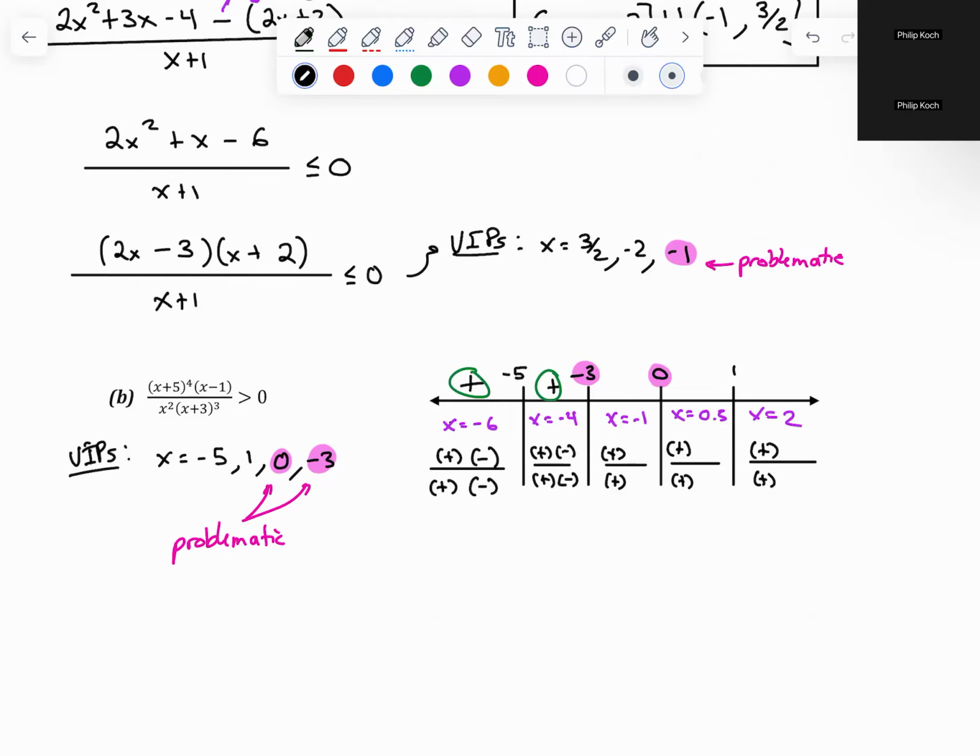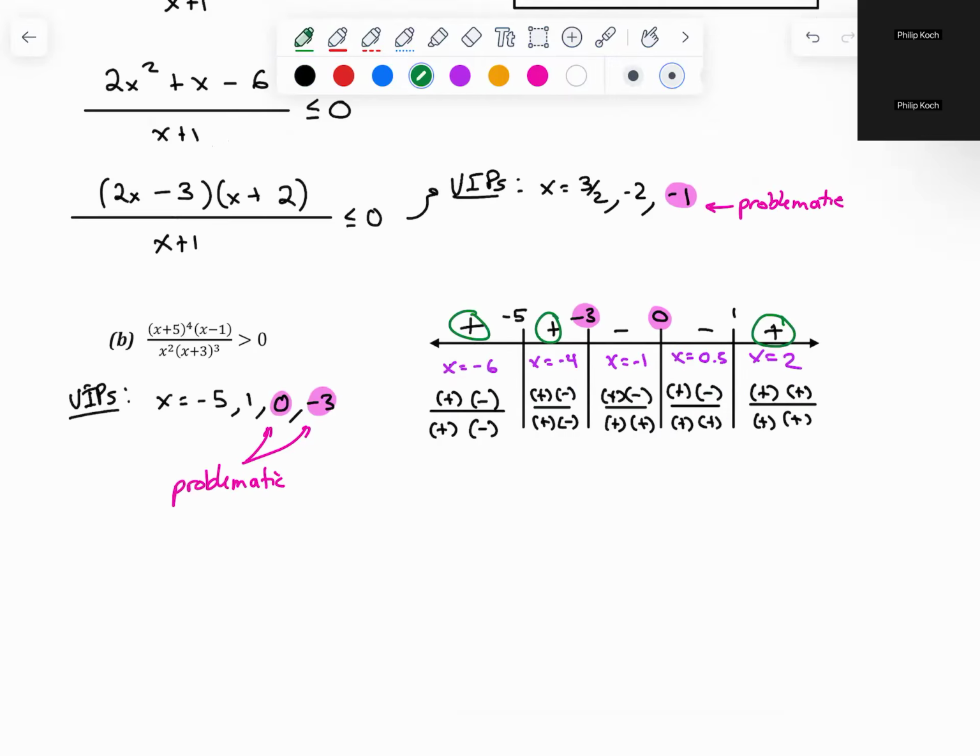-1. It'll be negative up top, but now it will be positive. So that's a negative. That's a piece I don't want. 0.5, that'll be negative. And 0.5 plus 3, that's positive. So that's negative. That's a piece I don't want. And then when I plug in 2, they're all positives. And that's a piece that I want.